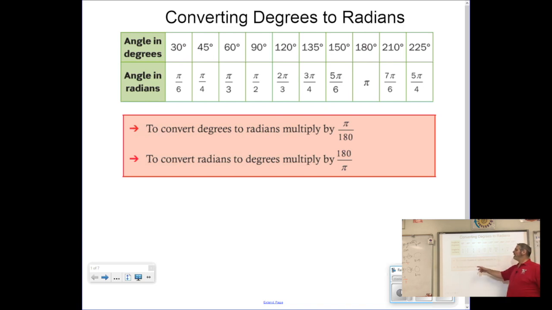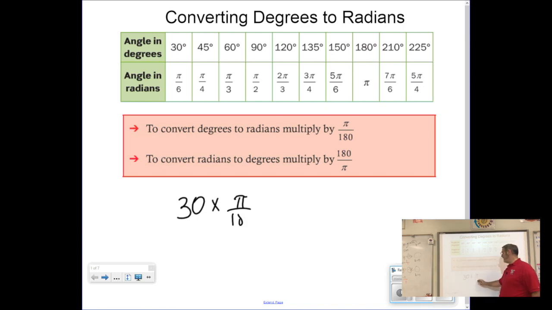If we have, let's say, 30 degrees and we want to convert 30 to radians, we'll multiply 30 times, well, we're going from degrees to radians, so we want radians on top.